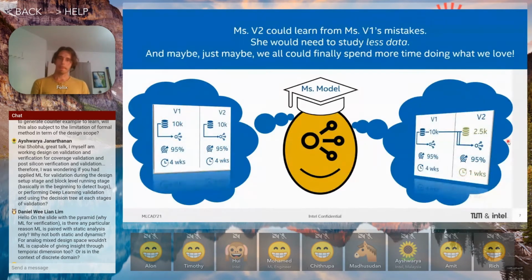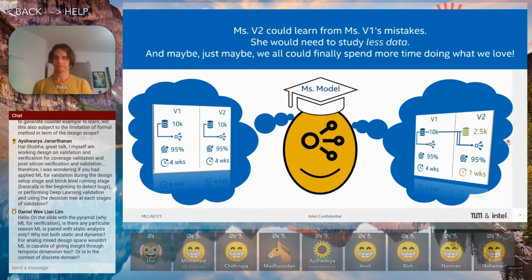What this would mean is that Ms. Version 2 could learn from Ms. Version 1's mistakes. She would need to study less data. And maybe, just maybe, we could all finally spend more time doing what we love.